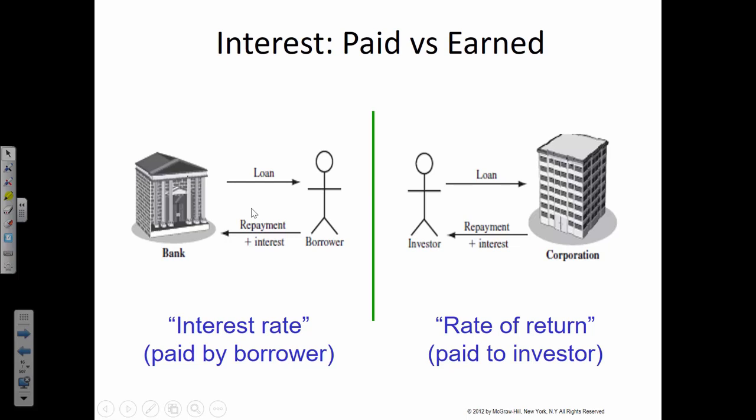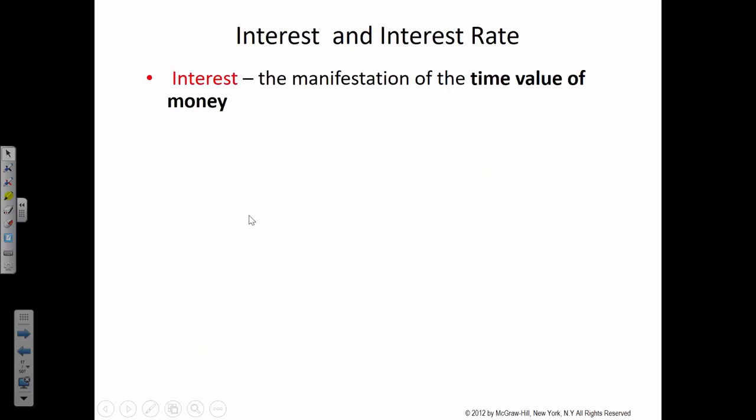And the formula is the same. If you want to calculate the numeric interest rate, you can use the same formula that you'd use to calculate the rate of return. It's just that when you're the person who's borrowing the money, you think of it as the interest rate, whereas when you're the person loaning the money, you think of it as the rate of return. So it's a matter of terminology.